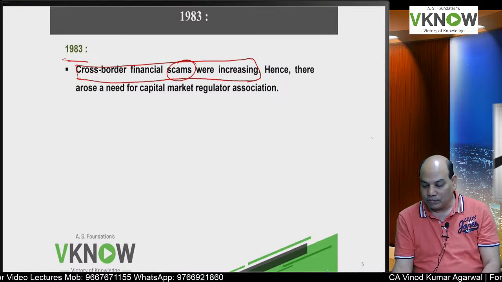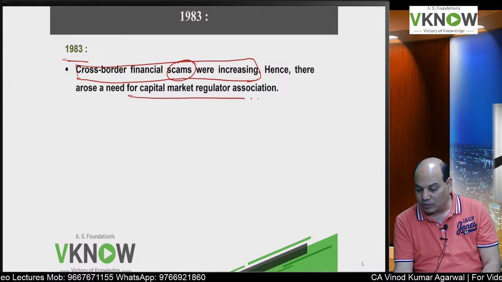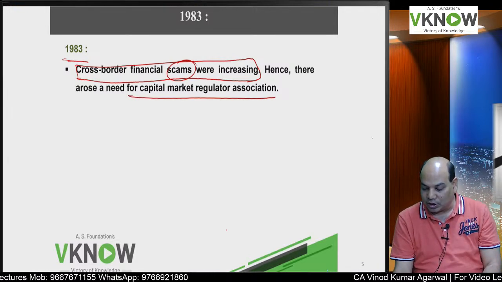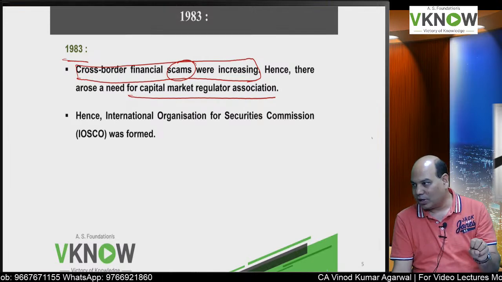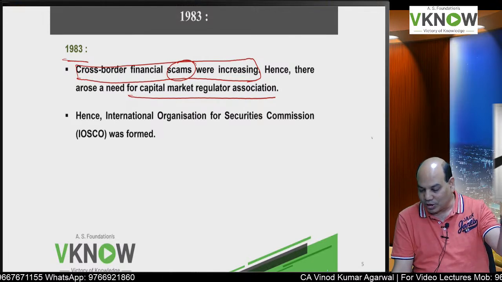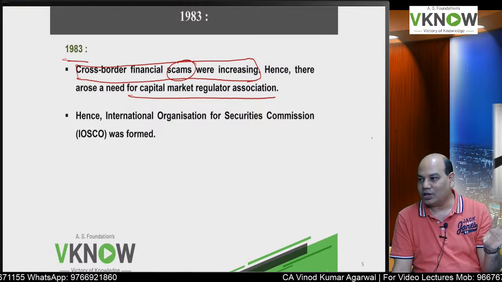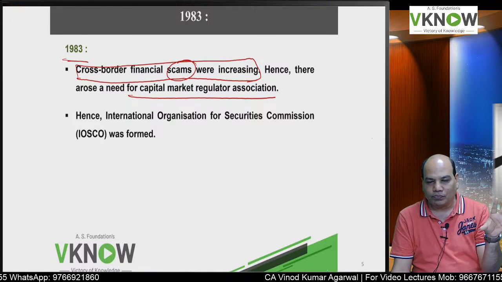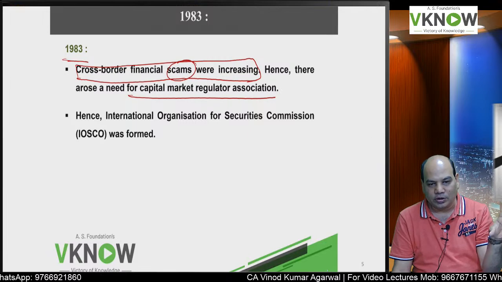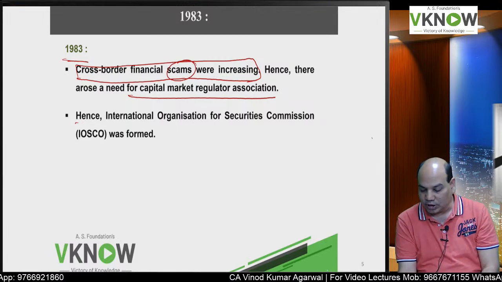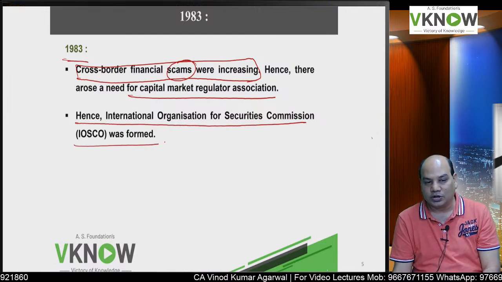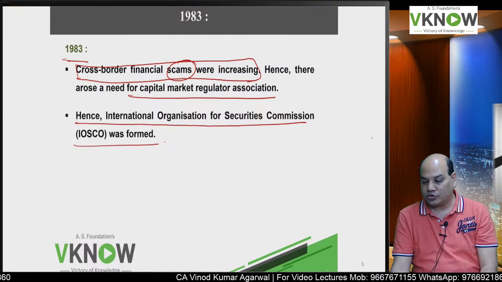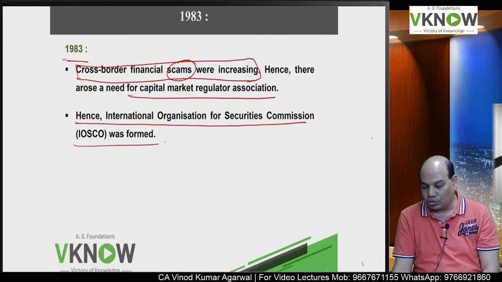So therefore, they thought that now we should have a capital market regulator association. SEBI is one capital market regulator. Security Exchange Commission is a capital market regulator. So in different countries, you will have different market regulators. So they came together and formed an organization called International Organization of Securities Commissions.